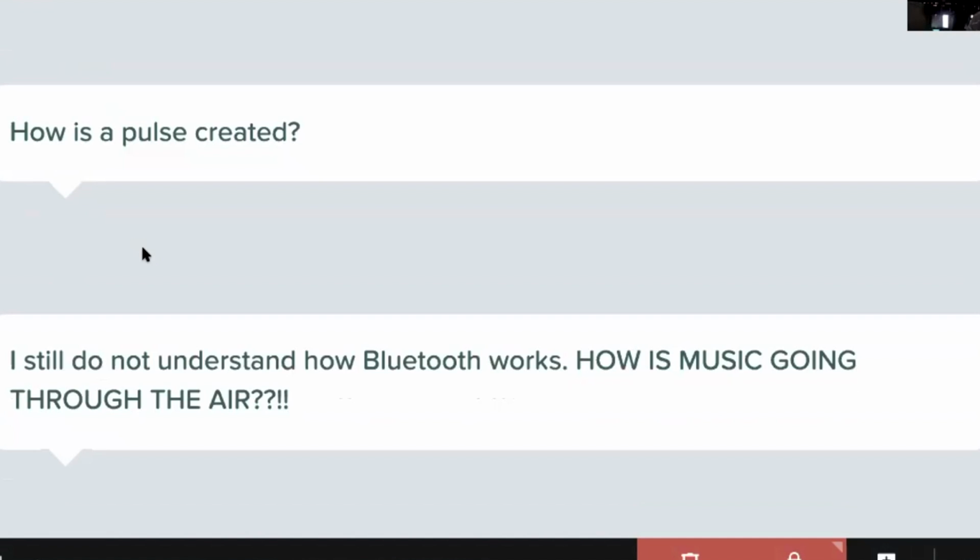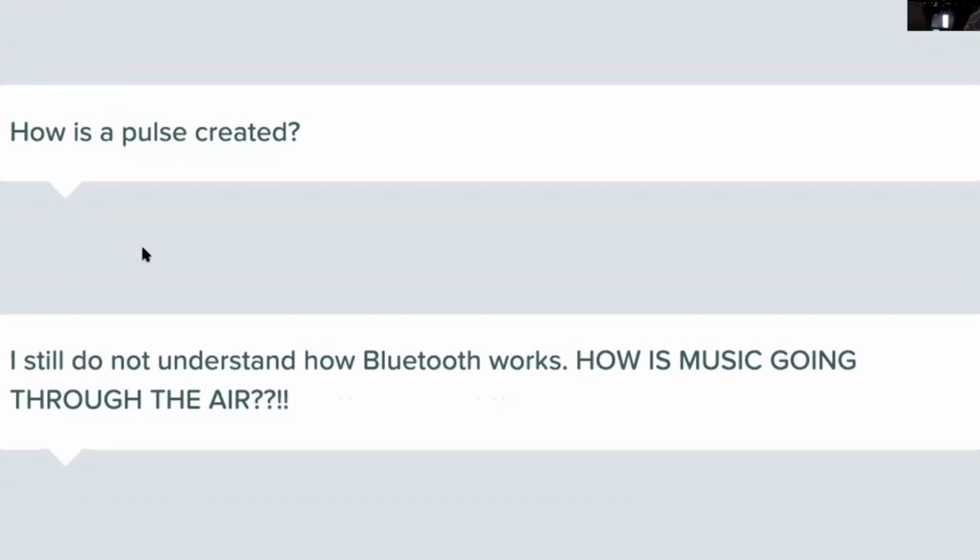Electromagnetic waves are actually a dual wave, where you have an electric wave going in one direction and a magnetic wave, and they are perpendicular to each other.